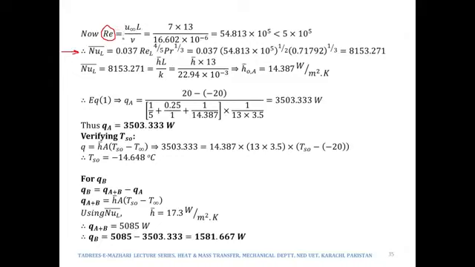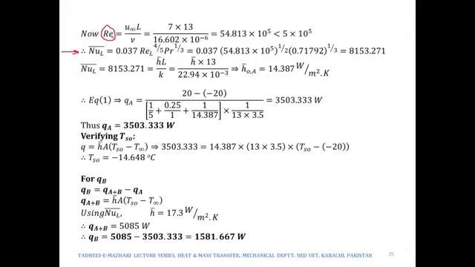So it would again be U times L over viscosity. The length is 13 meters, the velocity of the air is 7 meters per second, and this is the value of the viscosity. So we get this value as 54.8 exponent 5, which is less than the critical value of the Reynolds number. We would not be concluding that the flow is turbulent because that is already known.